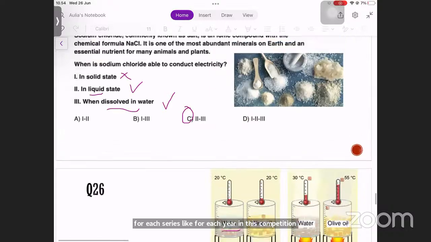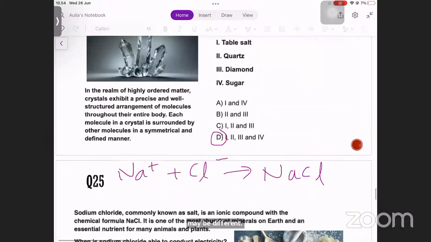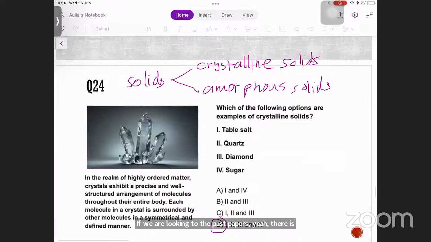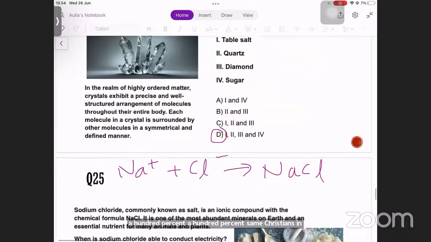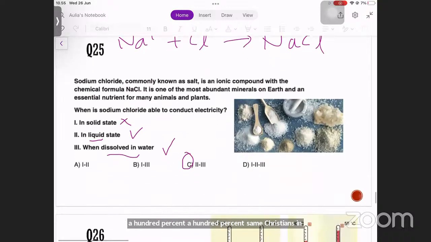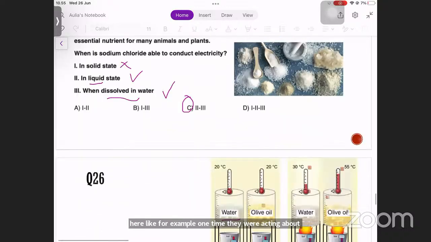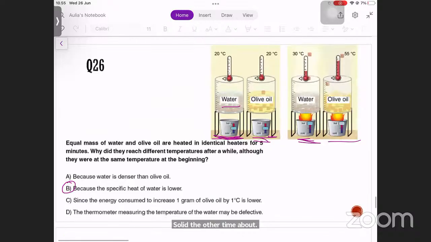If we look at the past papers, there are no 100% same questions. For example, one time they asked about solids, another time about salt, and another time about comparison between water and olive oil. So please be prepared with all possible questions.